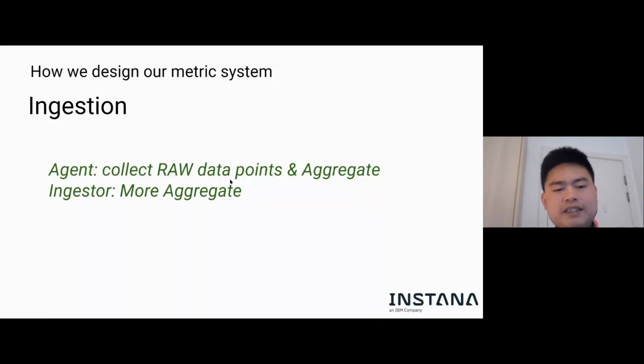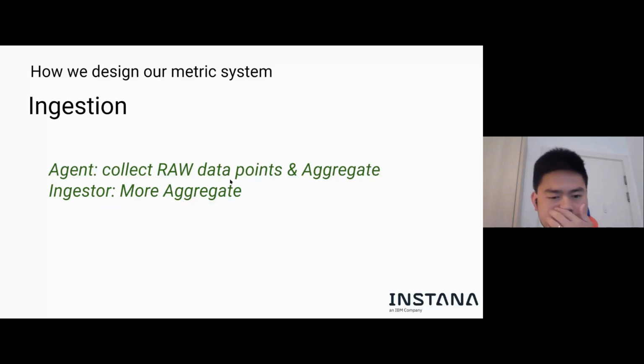The quality of the whole metric system depends heavily on the agent, because if the input data is high quality, then we have high quality output. Otherwise, if it's low quality data, like pre-calculated or sampled data, then what we get out later at query time will not be so valuable.